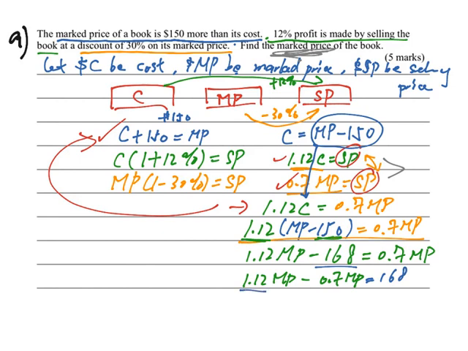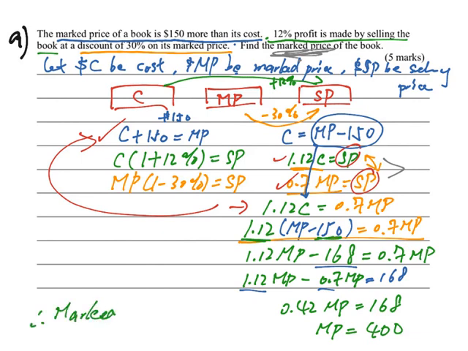So 1.12 minus 0.7, we can get 0.42 MP equal to 168. And then finally we divide. So 168 divided by 0.42, we can get 400. So finally we conclude mark price is, remember dollar sign, $400.